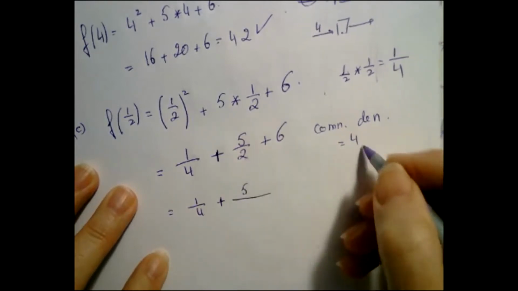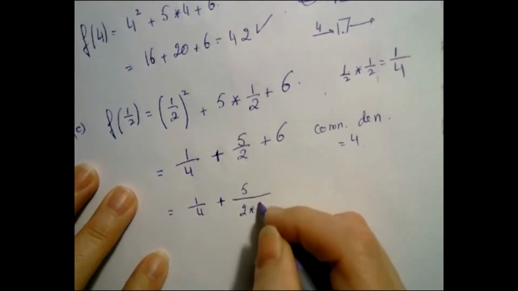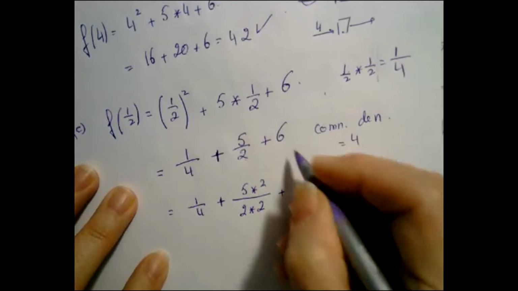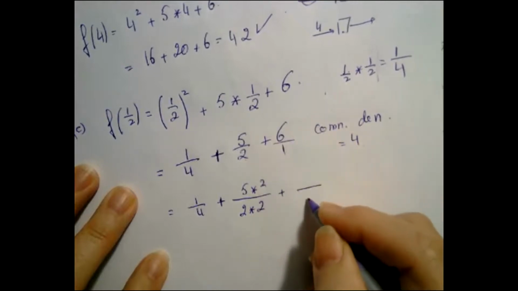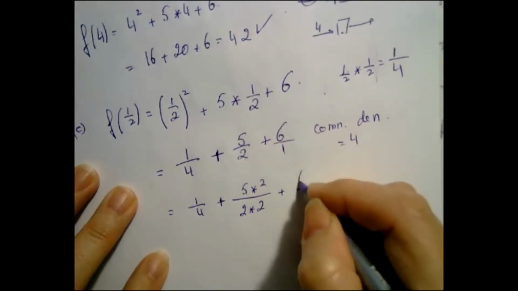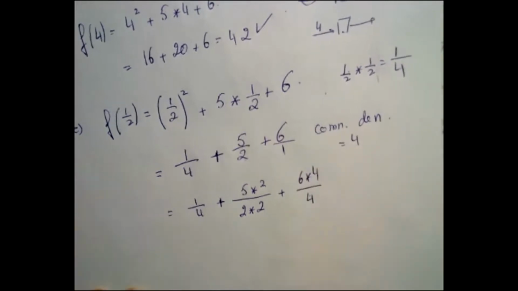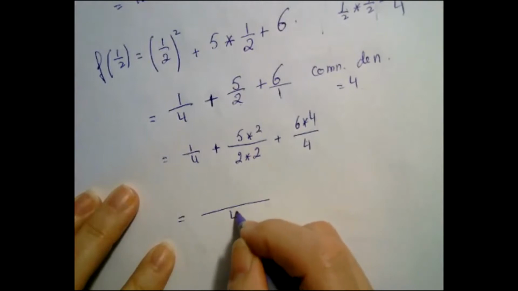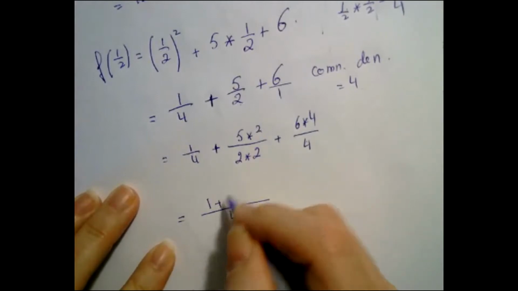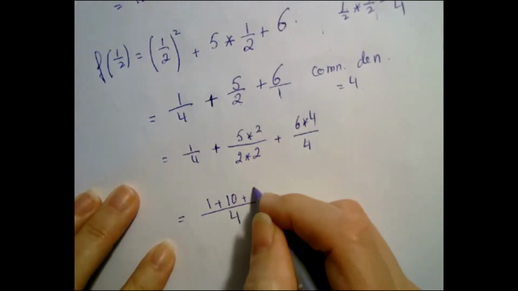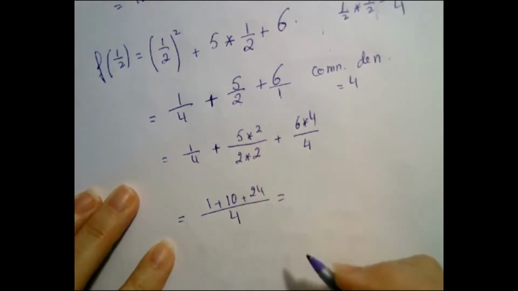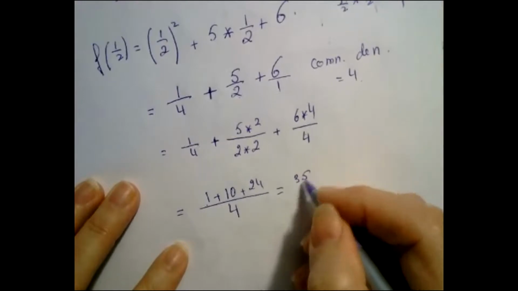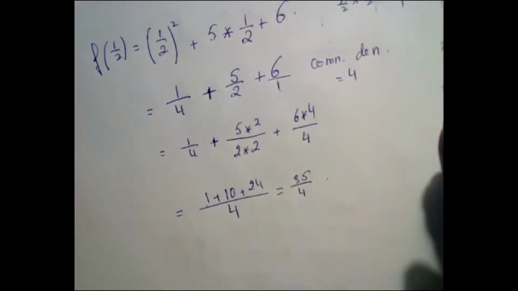If the common denominator is 4, I have to multiply 2 by 2 to get a 4, so I have to multiply the top by 2. For the 6, it's 6 over 1, so I have to multiply the denominator by 4 and the numerator by 4. So it's going to give me a denominator of 4. I will have 1 from here, a 10, and a 24. And usually I make a stupid mistake, but this should be 35 over 4. Okay.